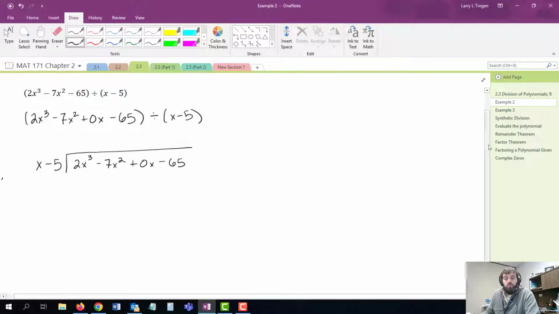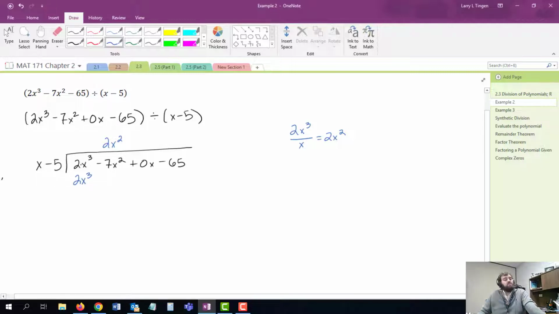All right, so, and we go. Leading term of the divisor, leading term of the dividend. 2x cubed divided by x equals 2x squared. 2x squared times x gives me 2x cubed.